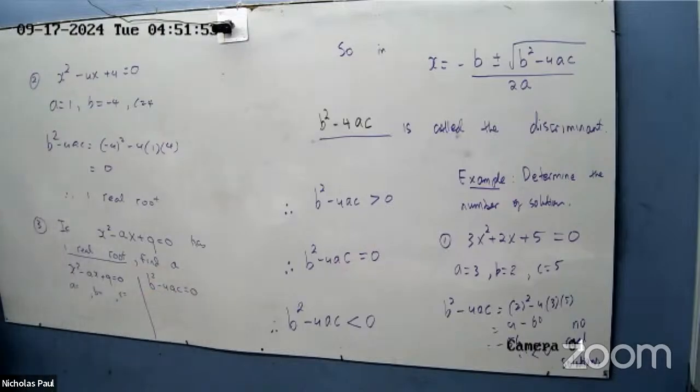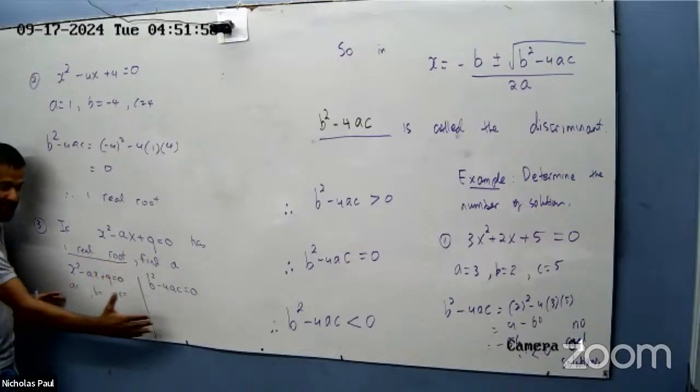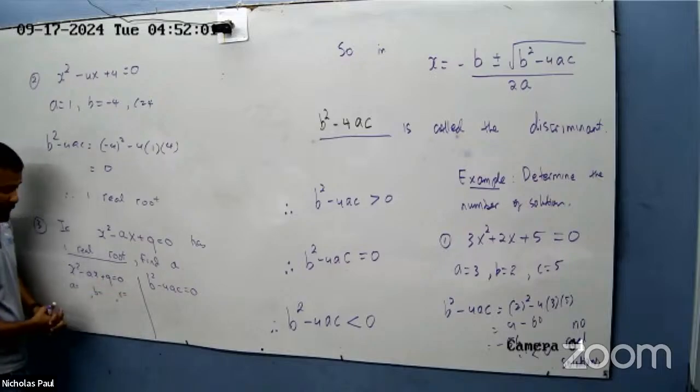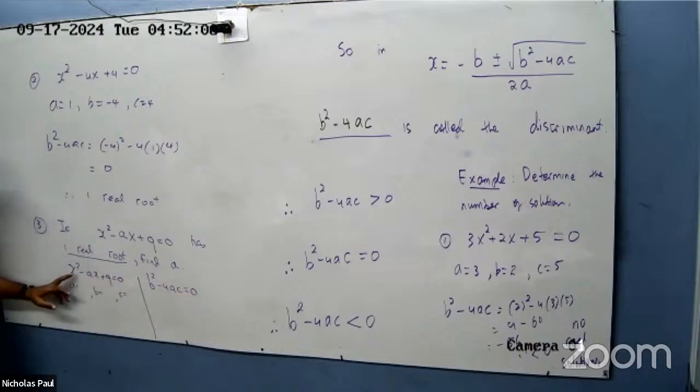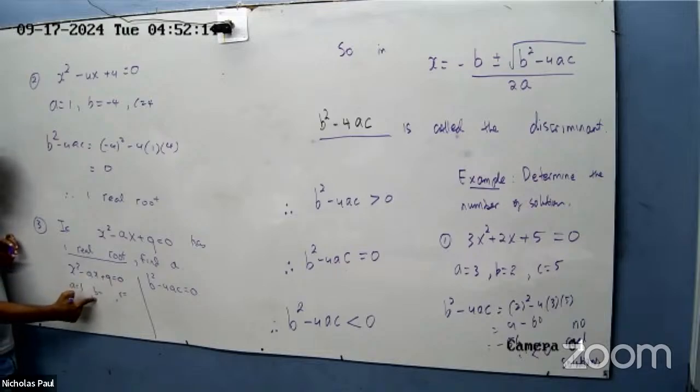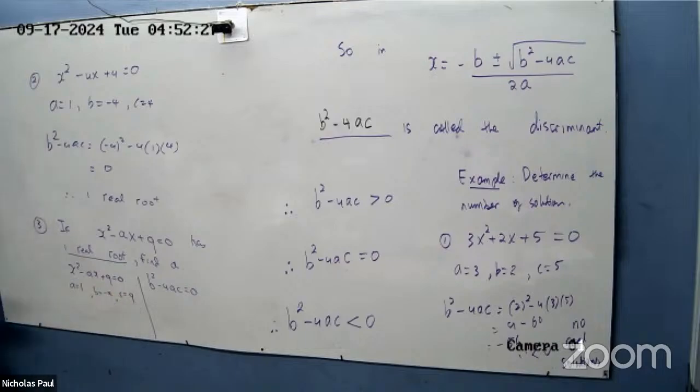So in an exam, this is what I will do. I will write down what they give me to work with, and then find a way to merge them together. I know b squared minus 4ac is equal to 0, and I know I can get a, b, and c here. So a is 1, b is minus a, and c is 9.